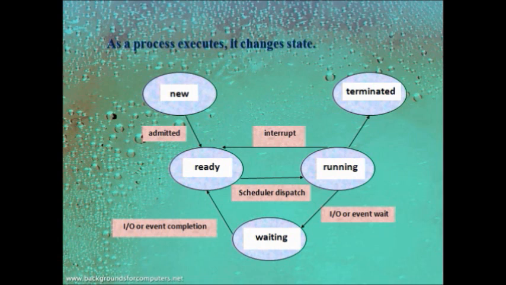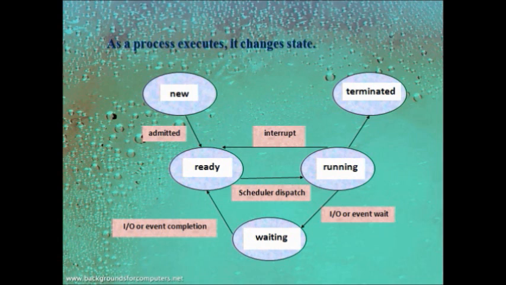Process states. As a process executes, it changes its state. There are 5 different states: new state, ready state, waiting state, running state, and terminated state. New state: when a process is created, it occupies the new or created state.